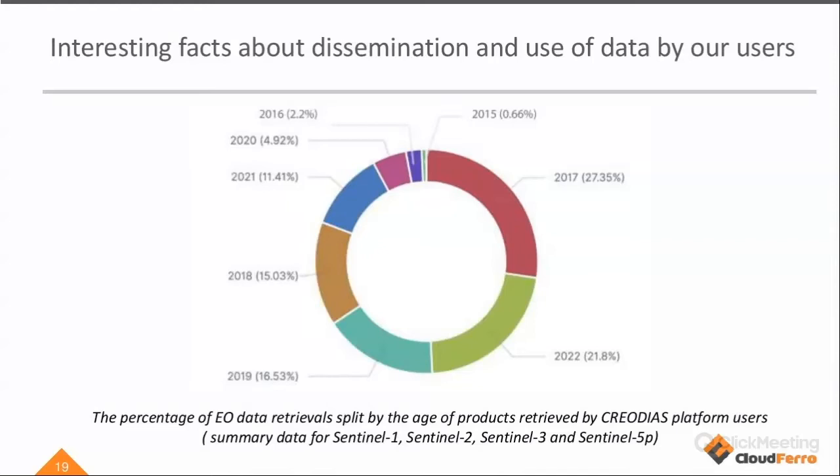And here I wanted to share with you interesting facts about data dissemination and use of data by our users. We have retrieved some statistics. And here, for example, you can see what CREODIAS platform users are looking for.